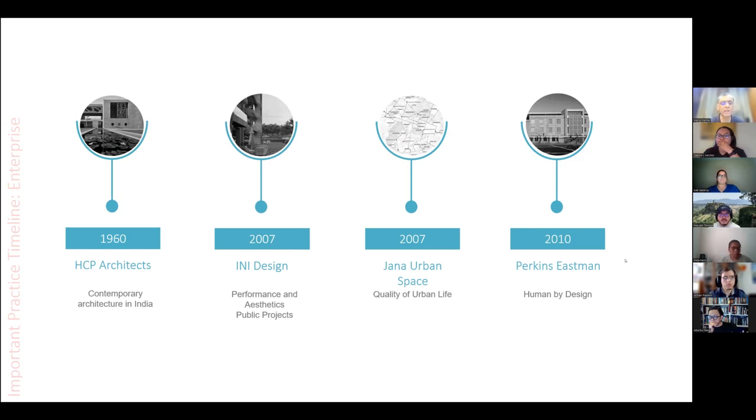I&I Design is also a large firm formulated by a group of architects, and they also handle lots of projects from the Government of India. Jana Urban Space, interestingly, is a CSR firm. CSR means corporate social responsibility.